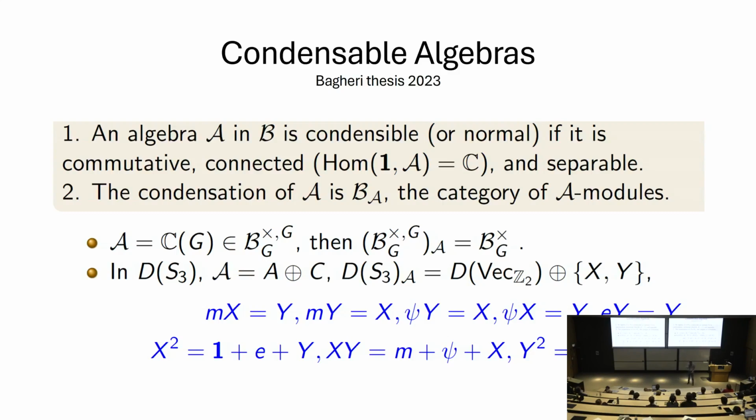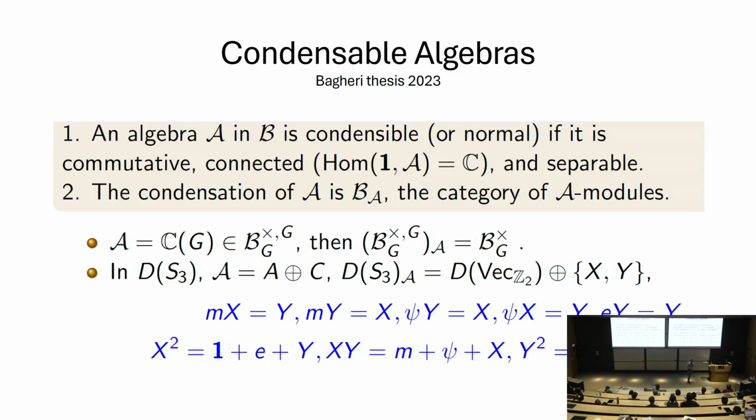So if you have an algebra, then what is condensable? First it has to be commutative, which means if you take the braiding, then multiply, it's the same thing as just multiply. That's commutative. And physicists will call that bosonic, which means every object has a theta equals 1. And it has to be connected, which means the vacuum appears in your algebra only once.